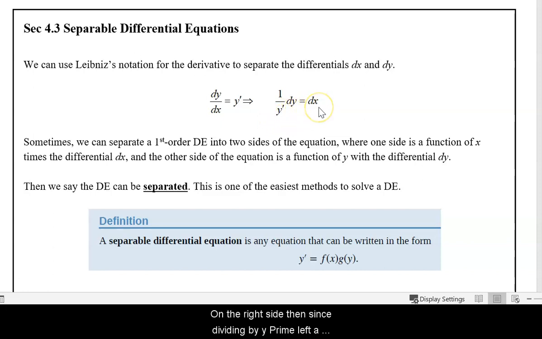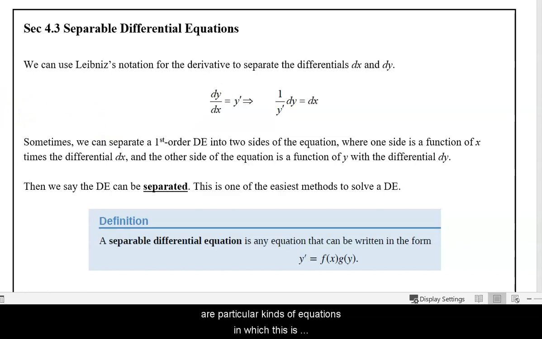On the right side then, since dividing by y prime left a positive 1 behind, this gives us dx by itself now on the right. In this way, we have separated the y variables and the differential dy from anything with an x variable and the differential dx. Now, this cannot always be accomplished.